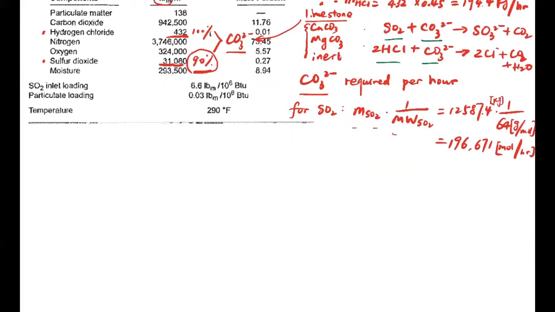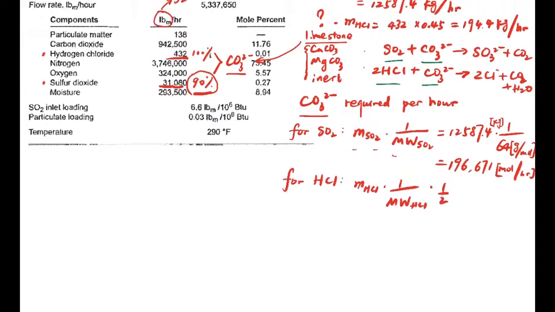Similarly, we can calculate this amount for the hydrogen chloride, which is the mass flow rate of HCl. We'll divide this value by 2, mainly because 2 moles of the hydrogen chloride react with 1 mole of the carbonate ions, right?